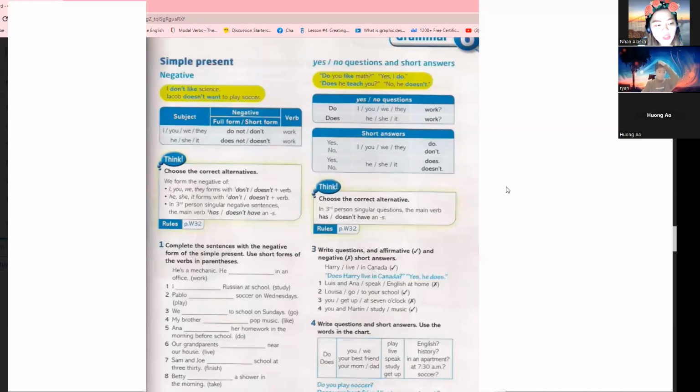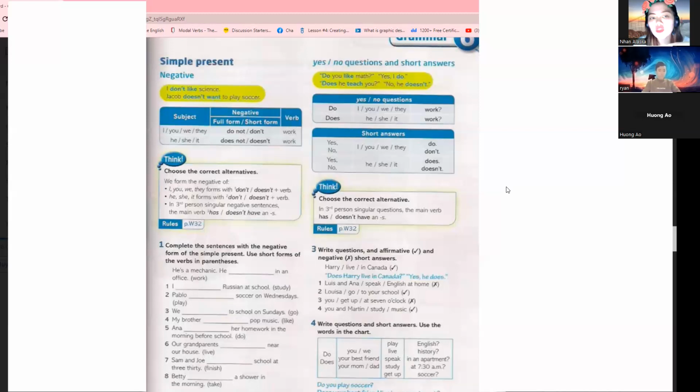Now we are just going to continue the topics that we're discussing in this unit. With this one, we are going to talk about the simple present, probably the last topic. When we say simple present tense in English, it indicates an action which is happening at the present.